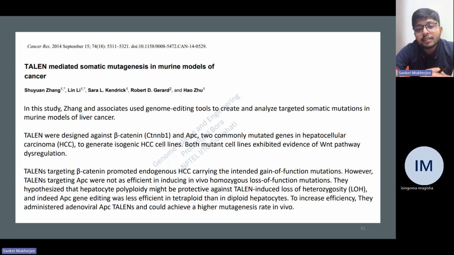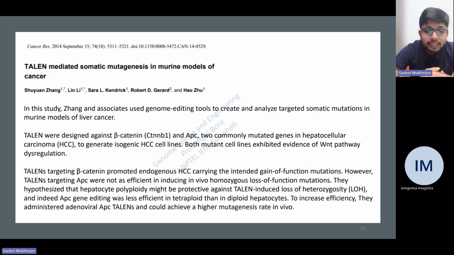Both mutant cell lines exhibited evidence of WNT pathway dysregulation. TALENs targeting beta-catenin promoted endogenous hepatocellular carcinoma carrying the intended gain of function mutations. However, TALENs targeting APC were not as efficient in inducing an in vivo homozygous loss of function mutation.